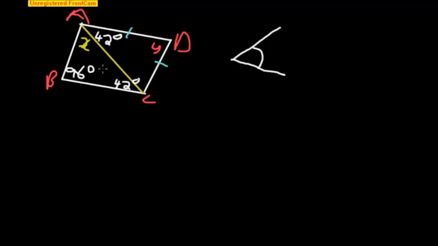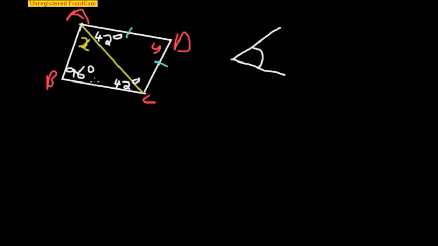Now for this question, the first thing that we need to do is to calculate with reasons the value of x. Okay, so we see x is part of triangle ABC, and we know a triangle has 180 degrees.